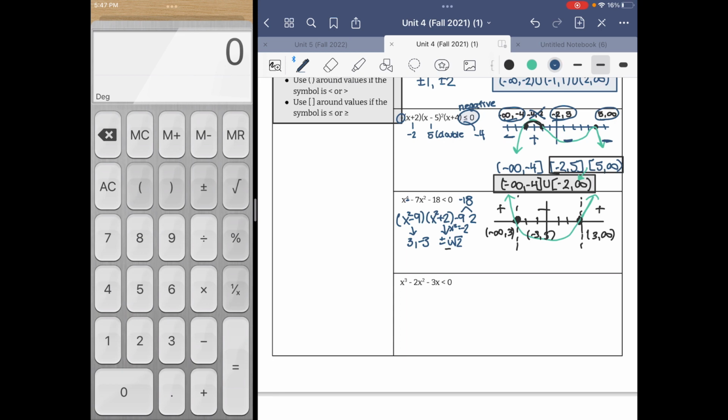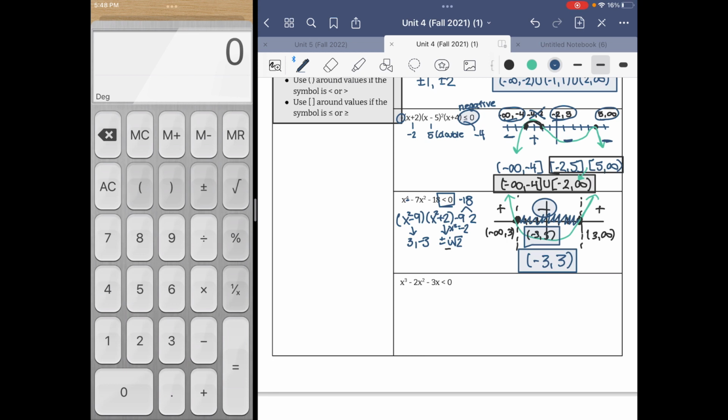And since I want the negatives this time, because that's less than 0, I want this part right here, where the graph went below. Since that's negative, I just want -3 to 3 for my answers. Notice how I am using parentheses again, because it was just less than 0, not or equal to.